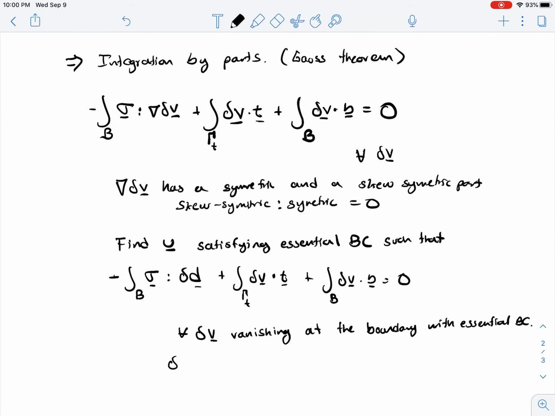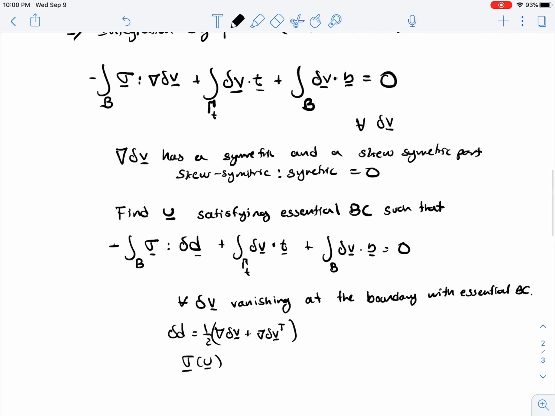And then just a couple of notes. This delta D is essentially the gradient of delta V plus the gradient of delta V transpose, half of that, and sigma is a function of u, right? And there's some essential boundary conditions. I'm not really stating them too rigorously, and then there's some natural boundary conditions which are here.